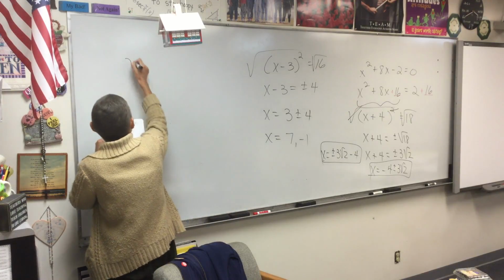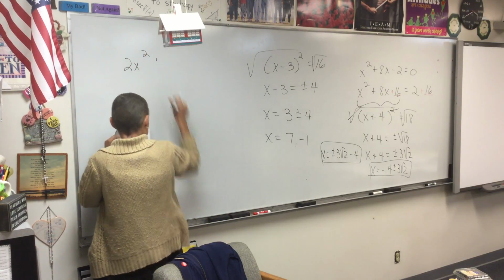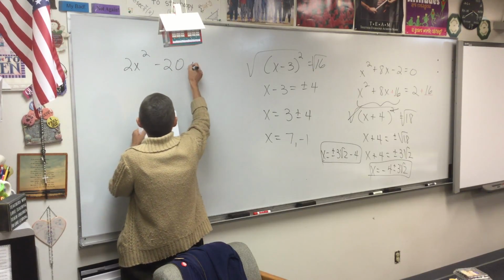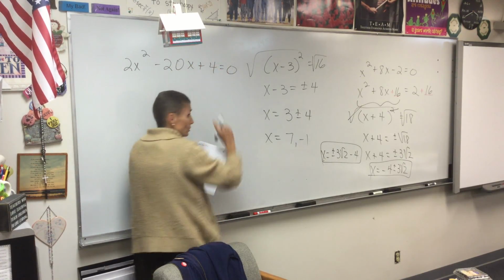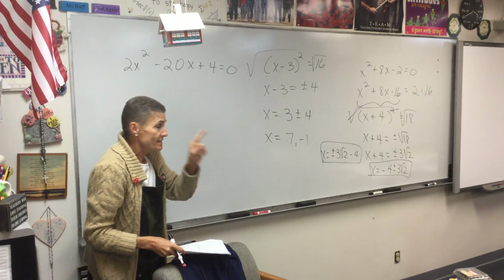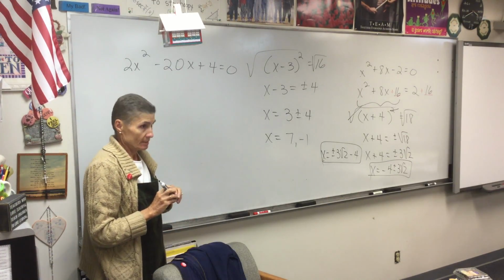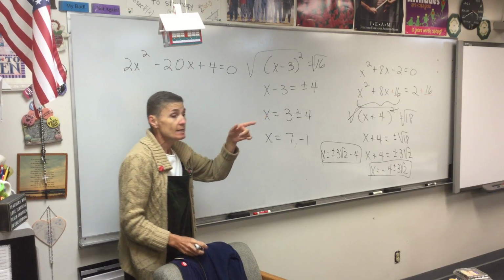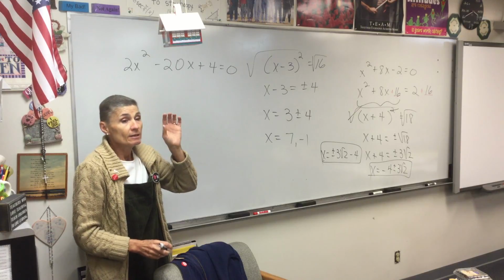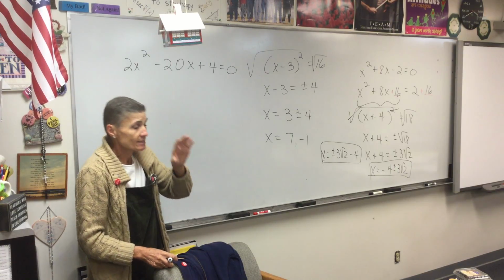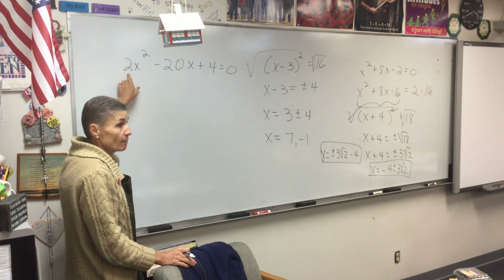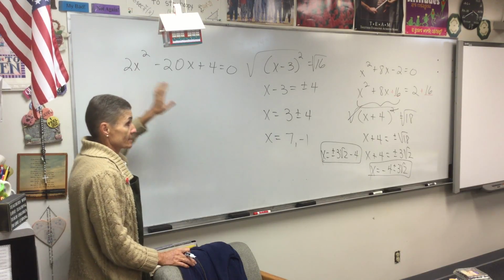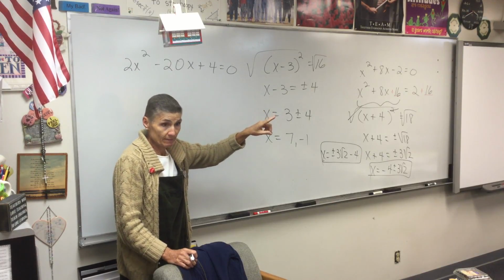Now, I want you to do this one with your partner also, hopefully successfully, but there's one thing we have to talk about before I set you loose on it. What's different about this problem? You can divide it by 2. Yeah, there's a 2 out in front of that x squared, and kids, now listen to me. You can't complete the square if there's a number there. So if you are completing the square, step 1 is get rid of it.